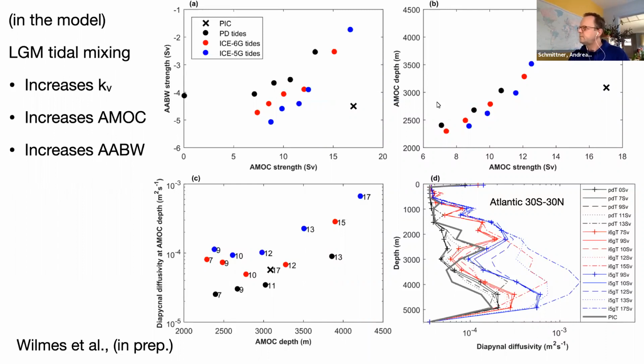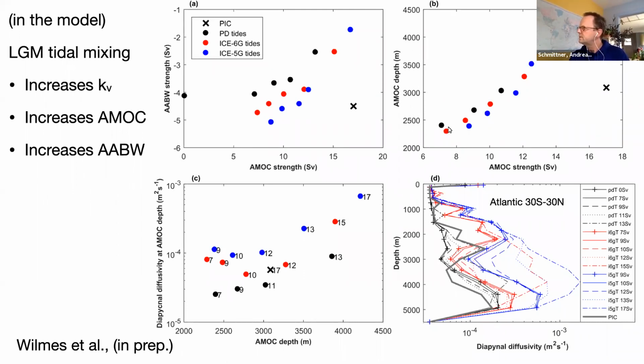And then here on the upper right, this graph, I just want to introduce that one because it turns out to be important for the part 2 discussion. It shows the AMOC strength in the horizontal and then the AMOC depth in the vertical.